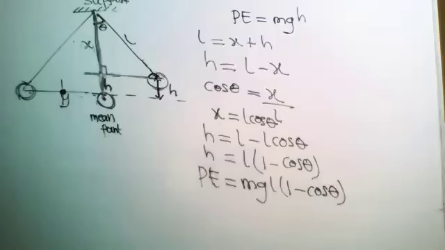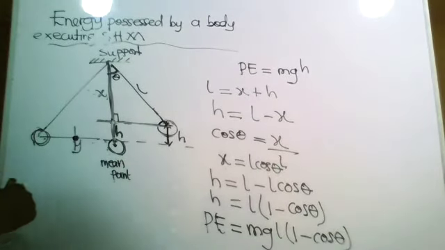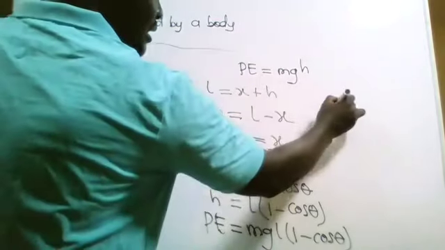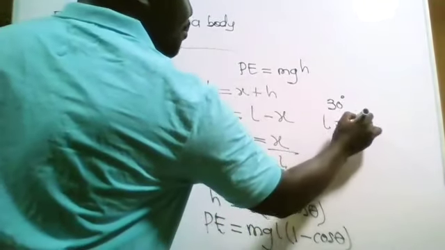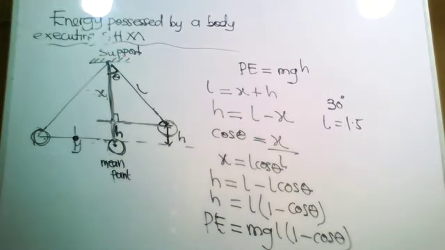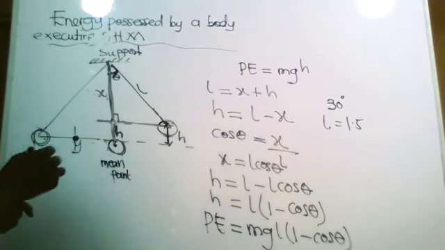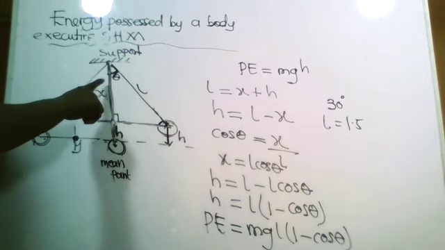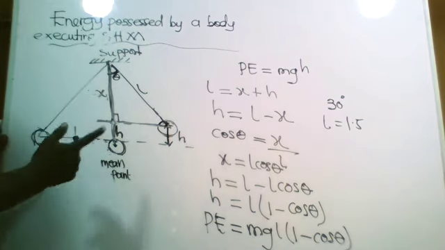So if we are told that, for a simple pendulum, the angle the body makes from the mean point is 30 degrees, and the length of the string L is 1.5, calculate the potential energy at this position. The position refers to the angle made, because if the body is still at the mean point, then the angle it makes with the mean point is 0.